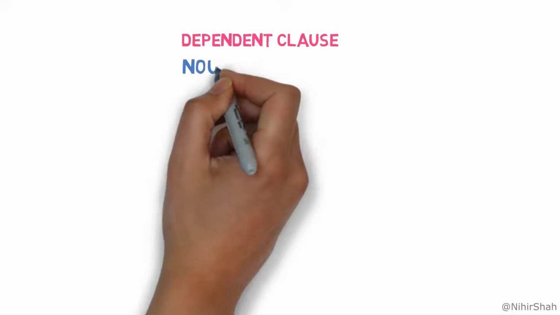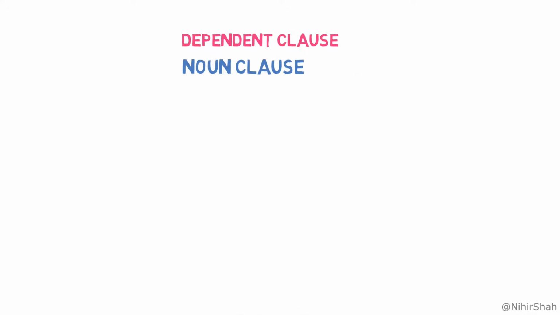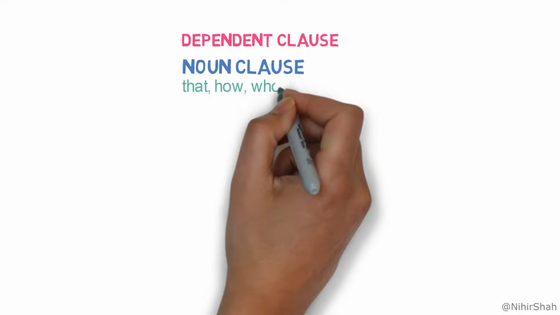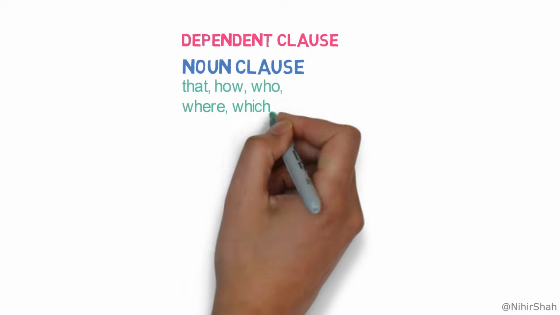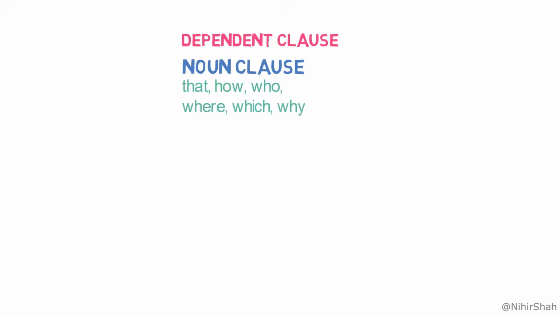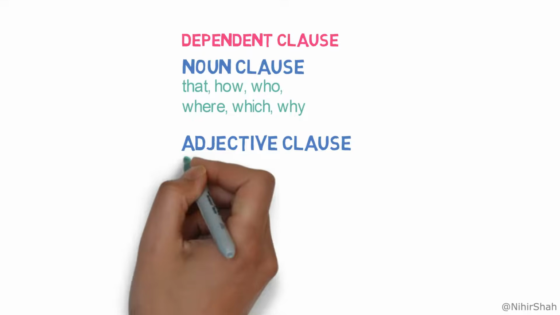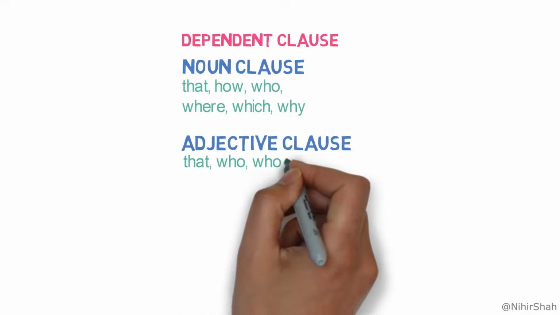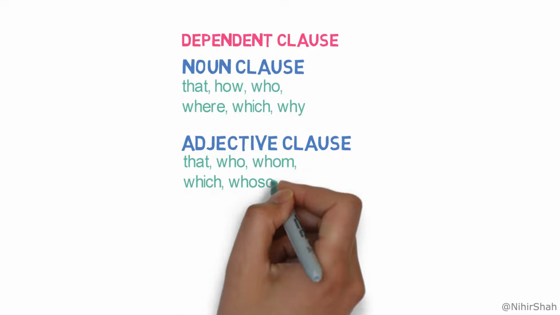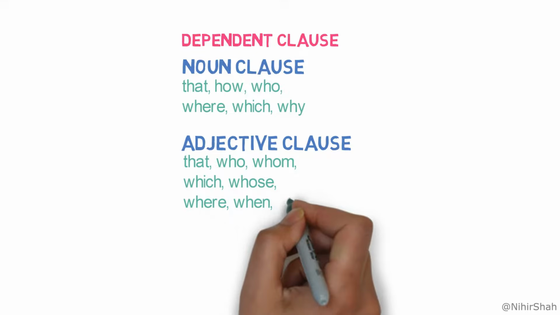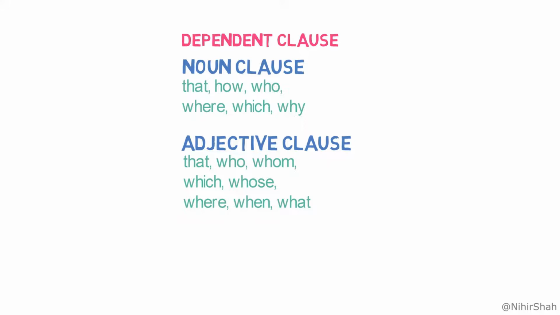Number 1. Noun clause, which is acting as a noun in the sentence, and it will be having the subordinating conjunctions that, how, or WH words like who, where, which, or why. Number 2. Adjective clause, which is acting as an adjective in the sentence, and it will be having the subordinating conjunctions including that or WH words like who, whom, which, whose, where, when, what, etc. And number 3.